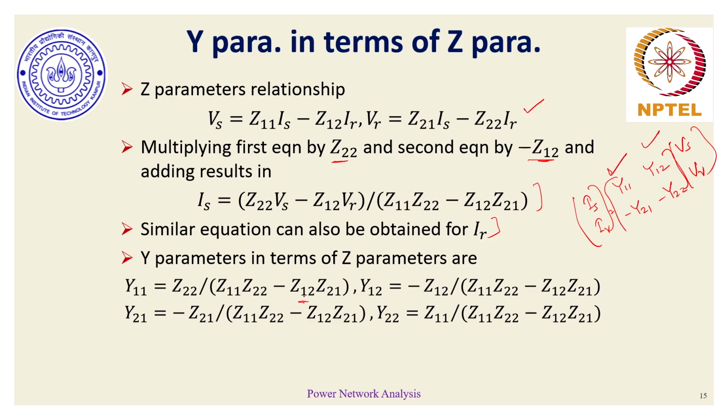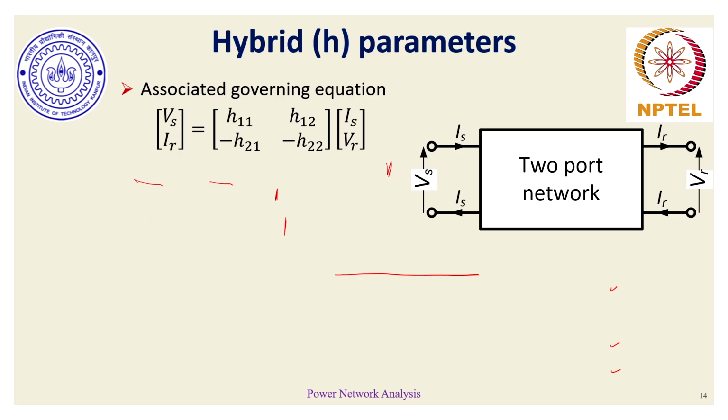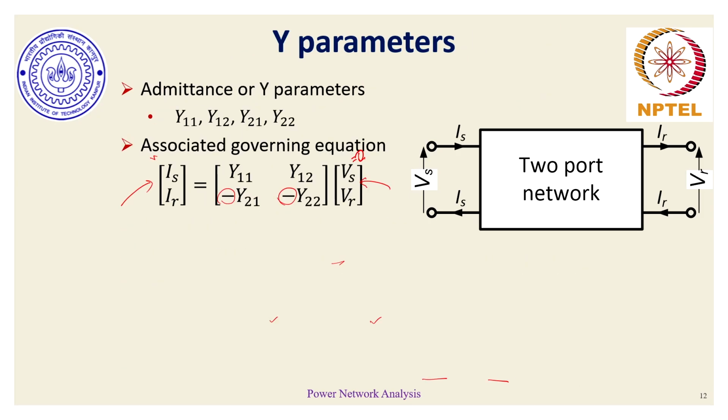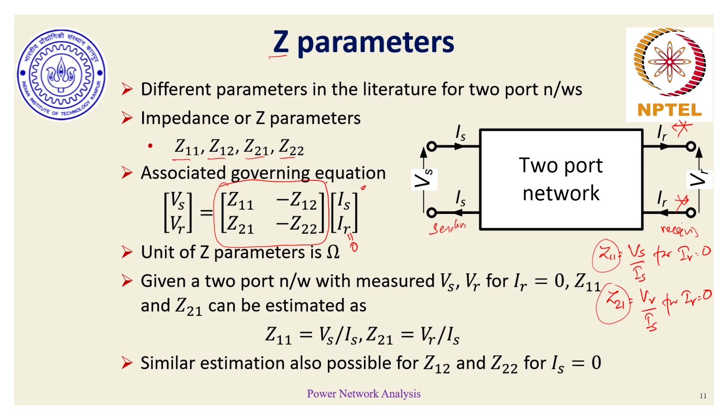And remember, as I mentioned, the inverse of Z should exist. That means the inverse of Z can only exist when this matrix, the Z matrix shown over here, has a determinant that is not 0. The determinant here is Z11 Z22 minus Z21 Z12.